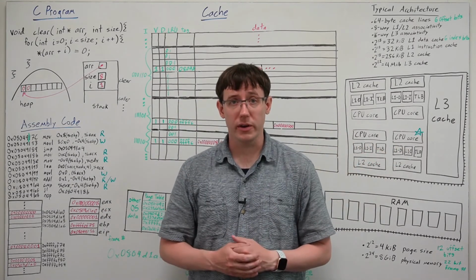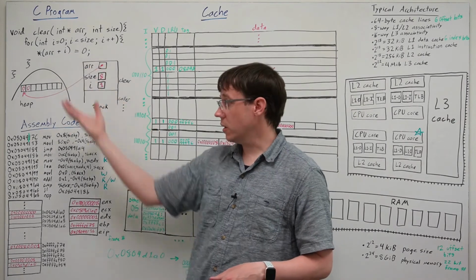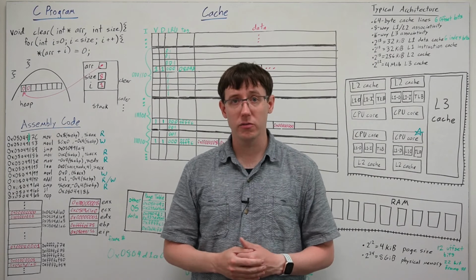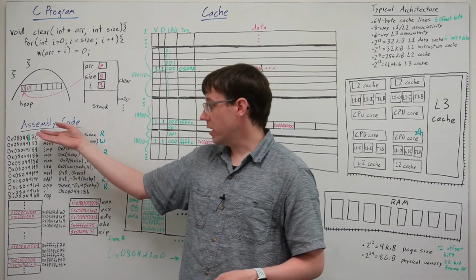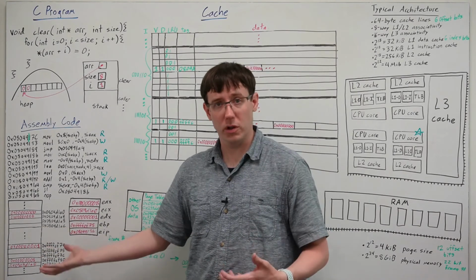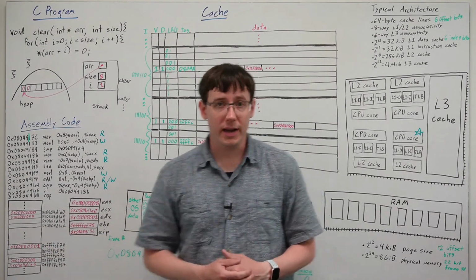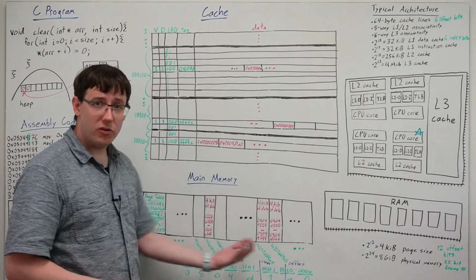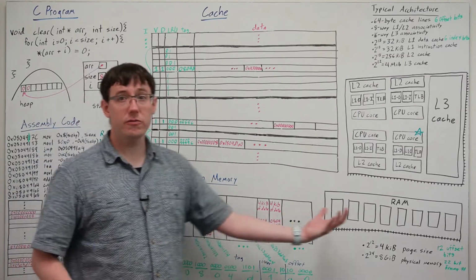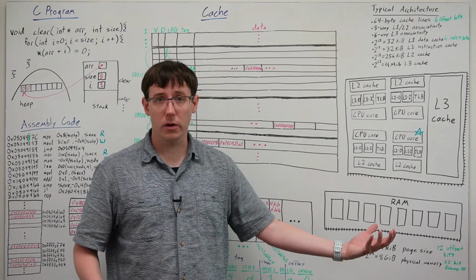So the takeaways here are that our C code and the assembly have a virtual memory perspective where they see addresses that correspond to their virtual address space, but behind the scenes there is translation going on to determine where in physical memory is that stored.